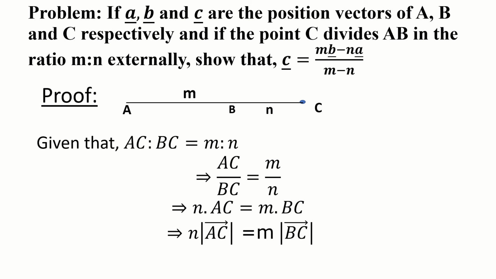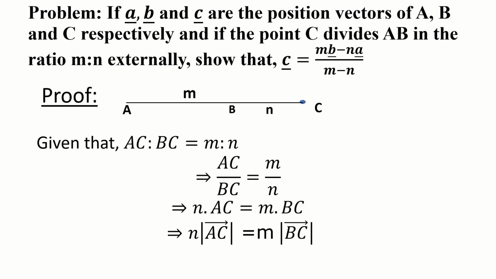equal to m into absolute value of BC vector, because absolute value of AC vector and AC both are scalar and the same. Also absolute value of BC vector and BC are the same.